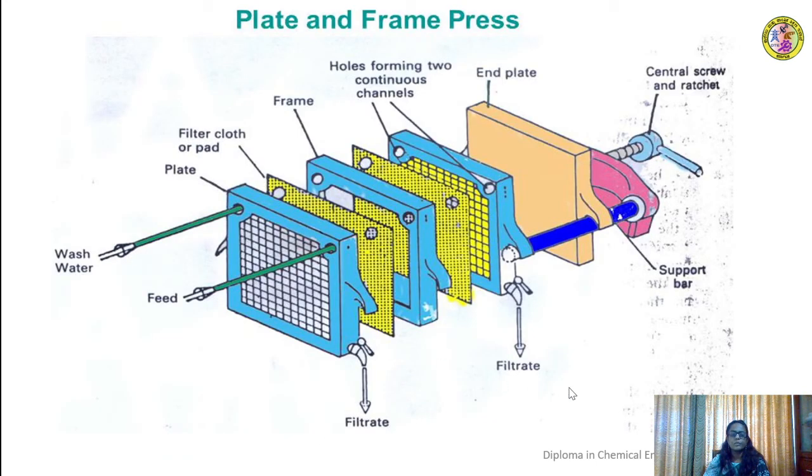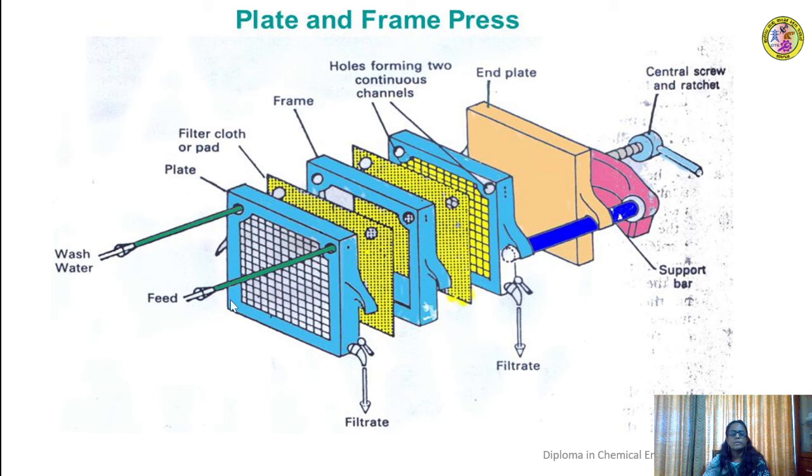This is one more figure showing the different constructional and operational details of the plate and frame filter press. These are the openings provided on either side of each plate and frame as well as the filter cloth that form a continuous channel through which you can pass the wash liquid and the feed slurry.